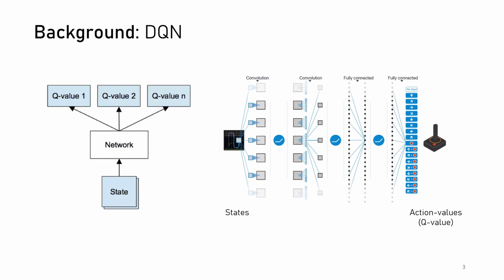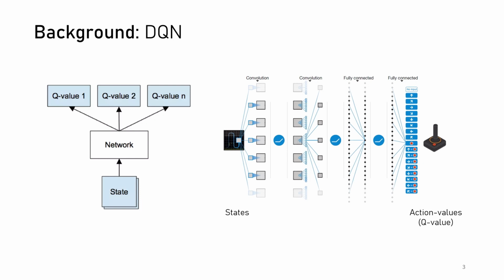The Q value denotes an agent's expected cumulative reward from a given state and action pair. The conventional deep Q network, or in short DQN, takes states as input and outputs the Q values of each action. This is shown in the left figure. Here, the network can be a conventional neural network or any of its variants.